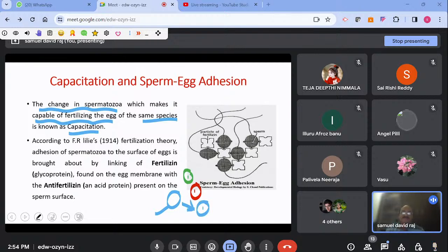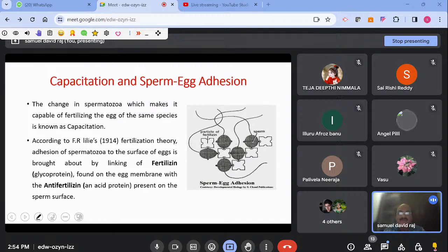So the changes that occur in the spermatozoa which make the sperm reach and fertilize only the egg of the same species is known as capacitation, so that the sperm comes in contact and adheres to the egg. And this is done by certain substances.